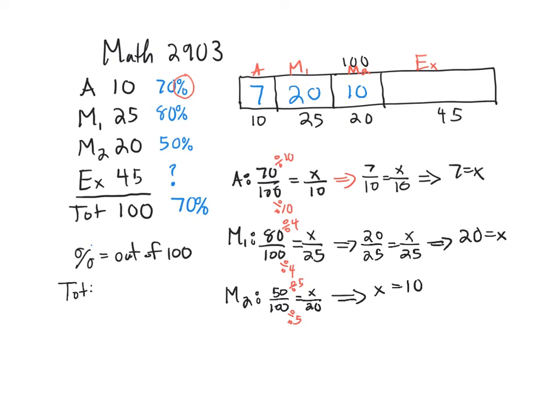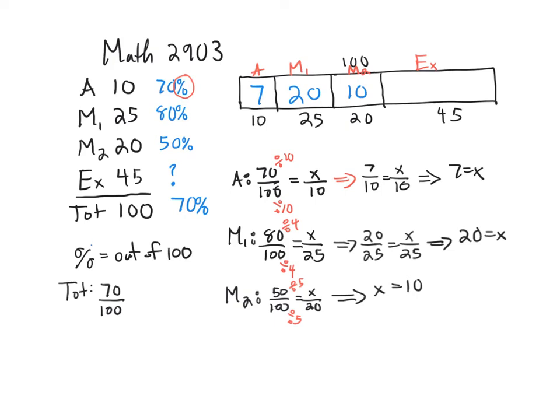So they need 70 out of 100. So now we're interested in the whole. So how many parts of the whole do we have already? We have 7 plus 20 plus 10 is 27.